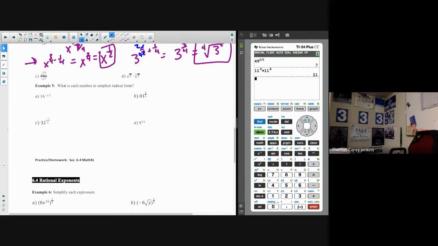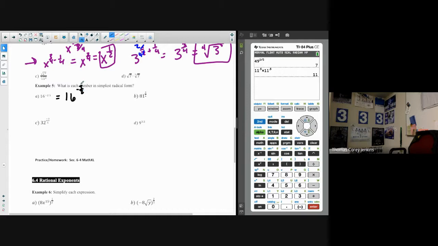All right, so let's take a look. So first of all, we're gonna want to convert this decimal to a fraction. This is 16 to the power of negative 2.5. So another way to write that would be 16 to the power of negative 5 over 2.